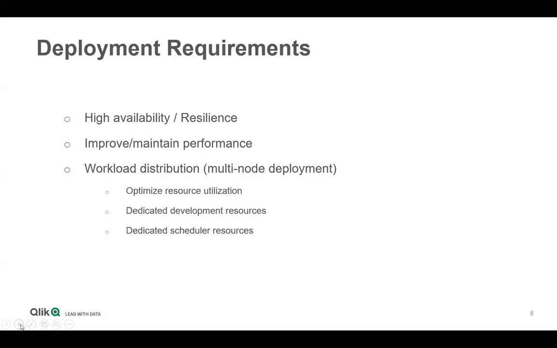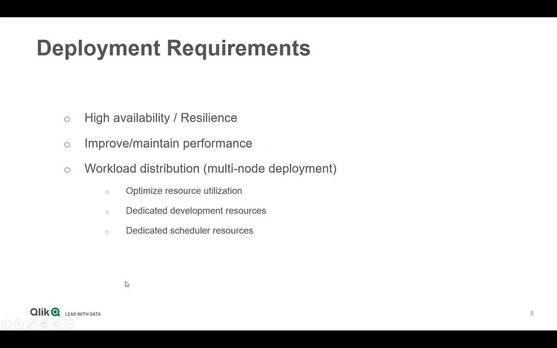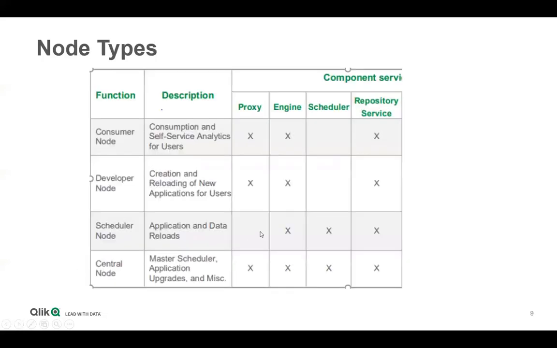So by considering all these challenges and deployment requirements, it's time for the company to revise the architecture design and think about what is the best deployment to meet their requirements. When we talk about multi-node deployment, a very important thing is that we need to clearly design the function for each node in the whole architecture.